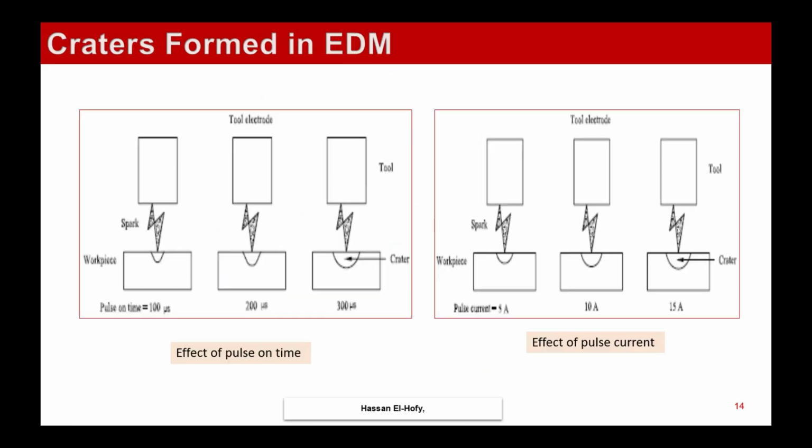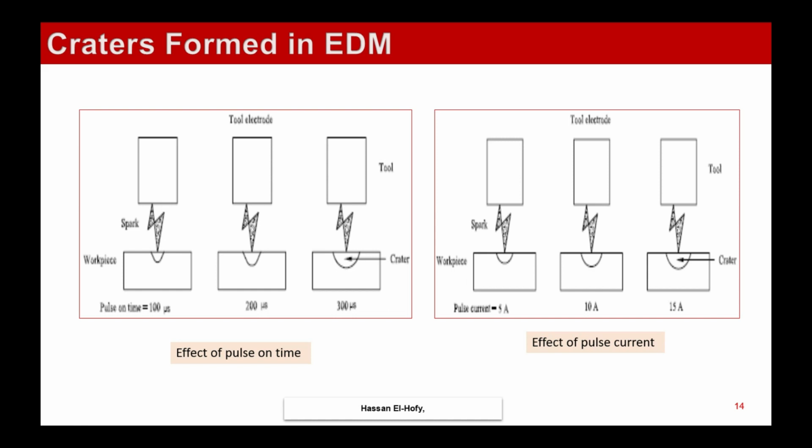The craters formed in EDM depend on the pulse current and pulse duration. At the left-hand side, the increase of pulse on time increases the volume of crater, and this will increase the removal rate and accordingly will raise the surface roughness.